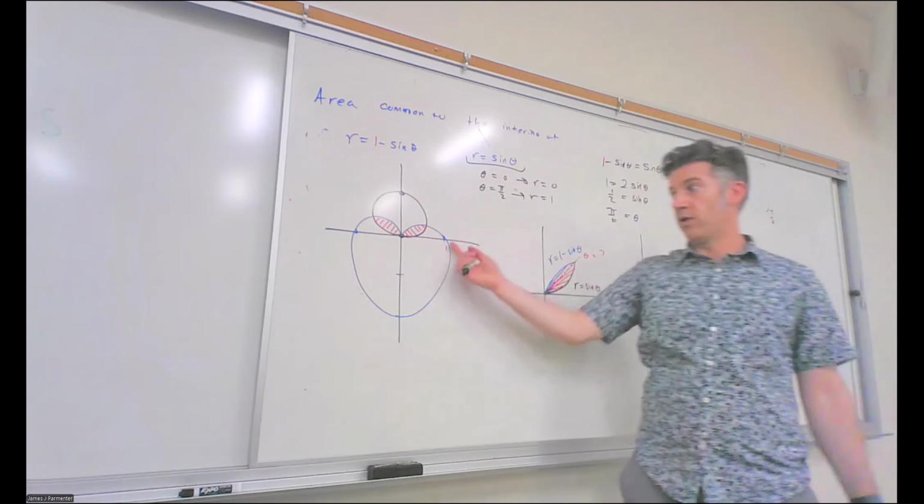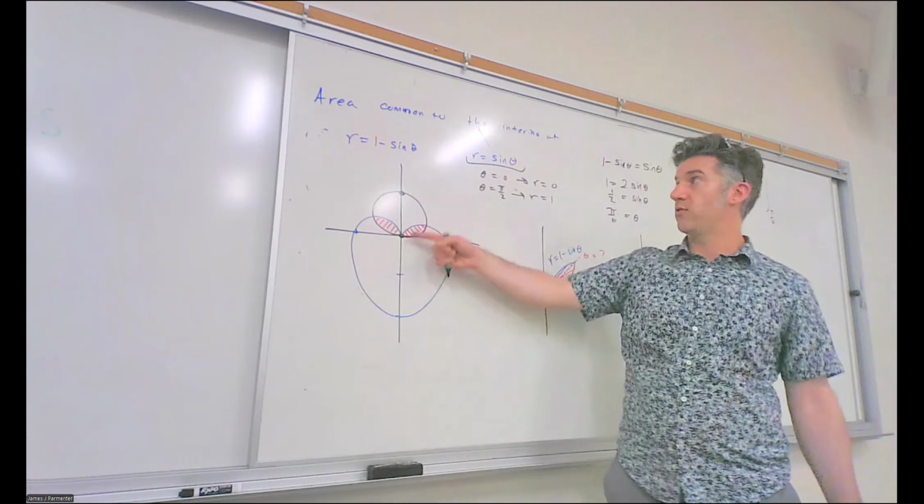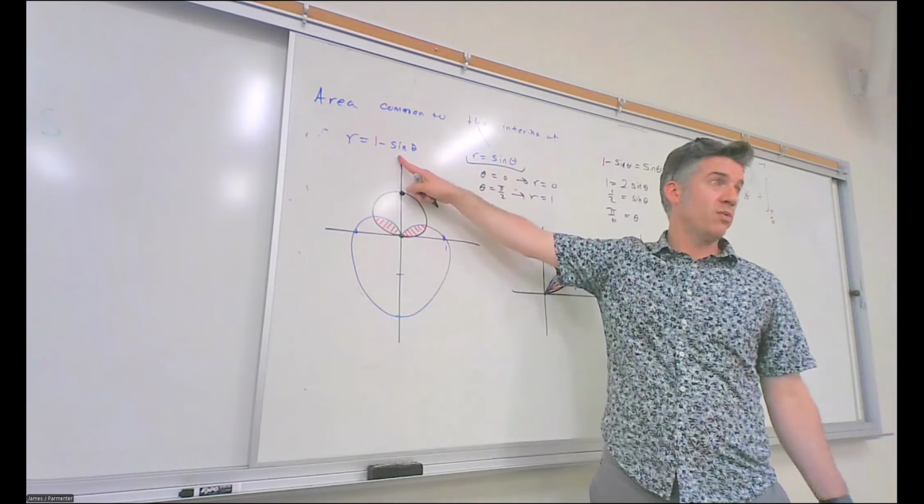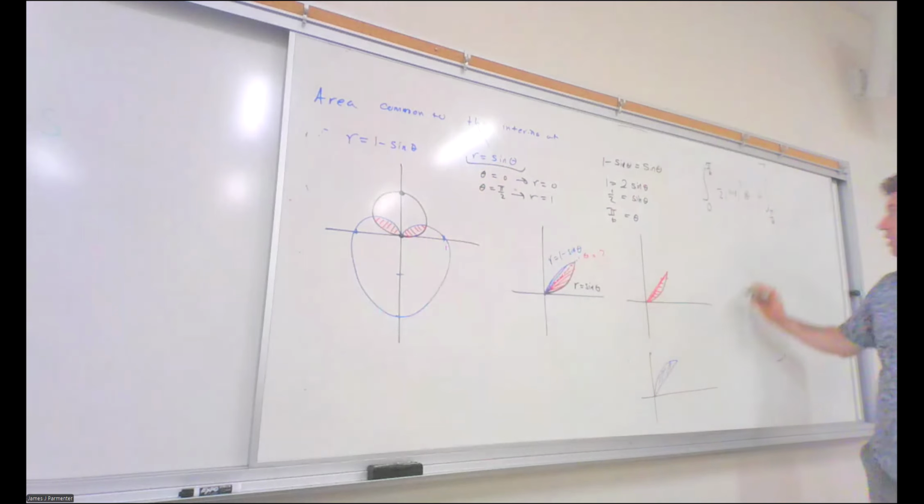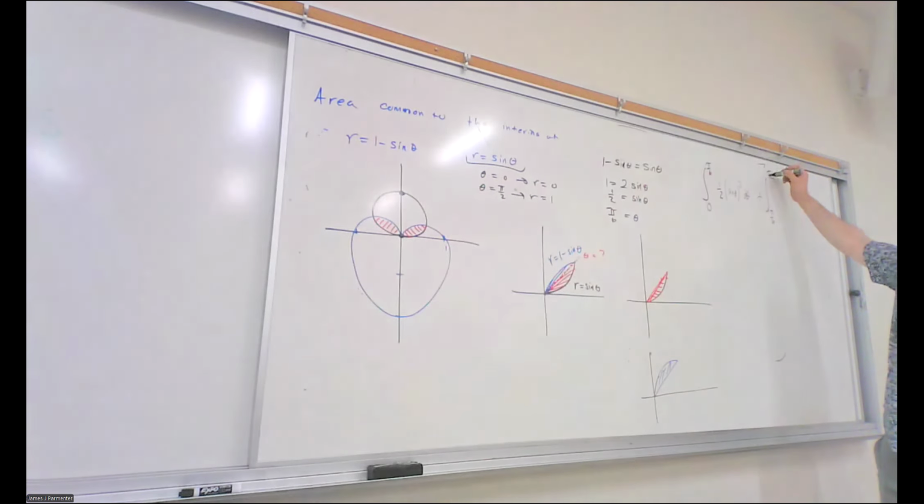That's where the blue function touches down, because 1 minus sine of pi over 2 is 1 minus 1, which is 0. So the integral from pi over 6 to pi over 2 of 1/2 times (1 minus sine theta) squared d theta.